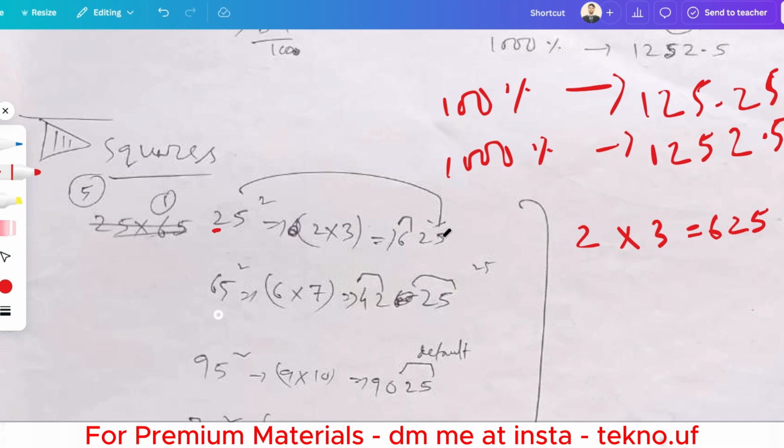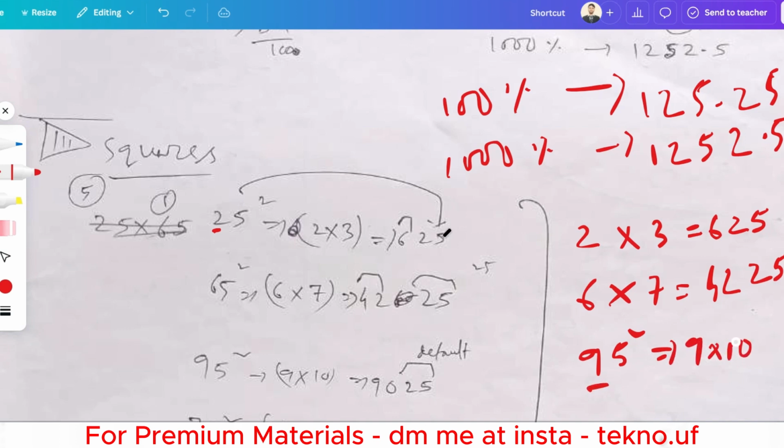Let's say the number is 65 square. 6 into 6 plus 1, that is 7; multiply, 42, and add 25 here. This is the square of 65. And if we are calculating 95 square, how to calculate that? 9, the first digit, times the next digit, 9 plus 1, that is 10, and that becomes 90.